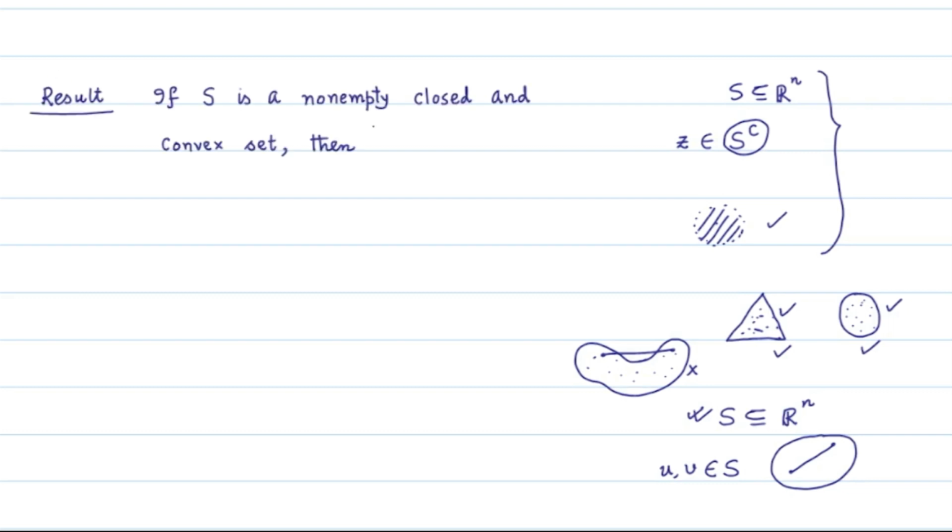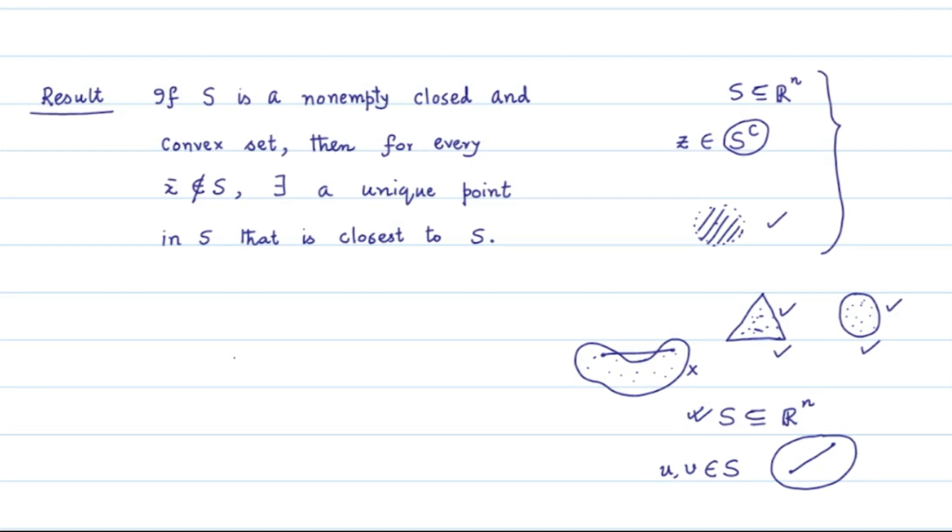If S is a non-empty closed and convex set in Rn, then for every x bar outside the set S, there exists a unique point in S that is closest to x bar.